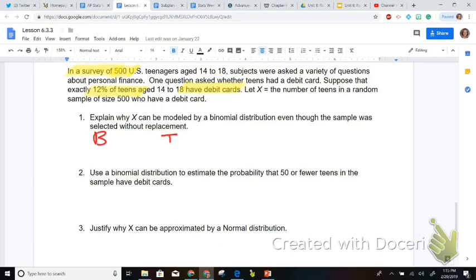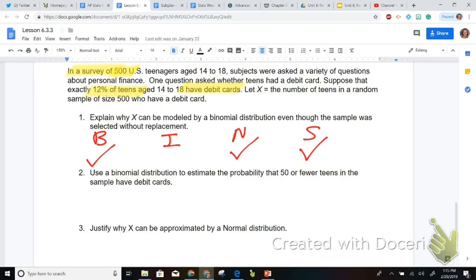So we're going to look for our BINS requirements. It is binary. They either have a debit card or not. There is a set number of trials, because I'm going to choose 500 teens every time. The probability remains the same if I'm assuming that that population has a 12% success rate.